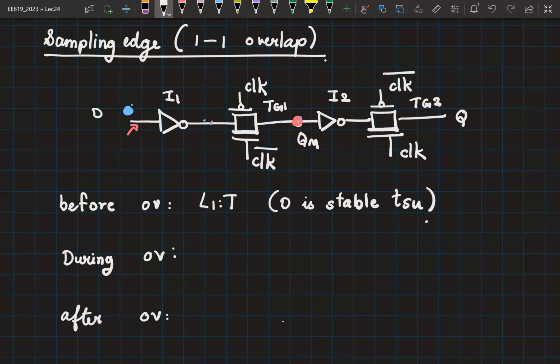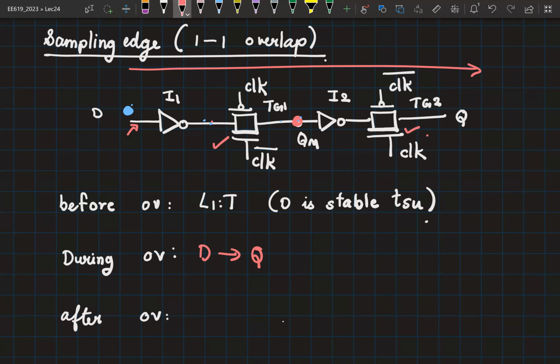There is a race condition possible. How is that condition possible? Both are on, and you now have a straight path between data to Q, right? So D to Q race condition is possible.